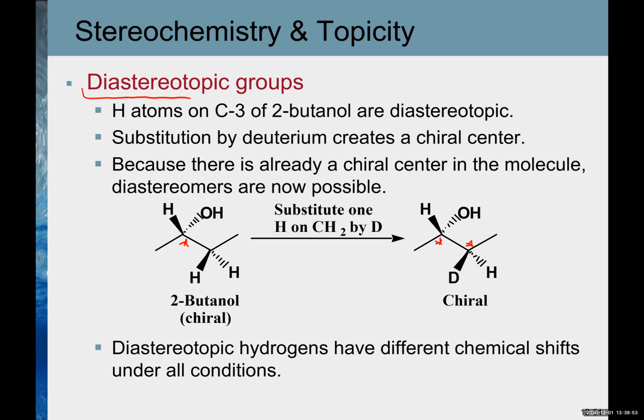Diastereotopic hydrogens have different chemical shifts under all conditions, regardless of whether they are in a chiral or achiral environment.